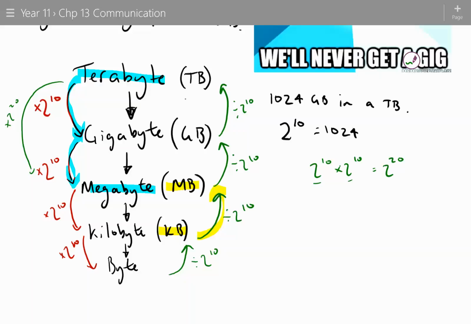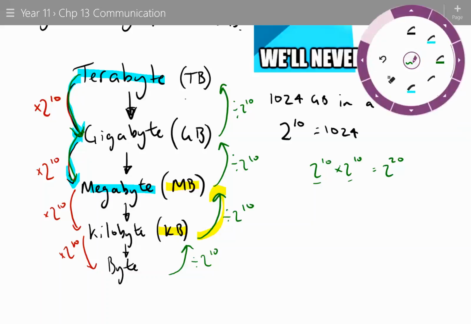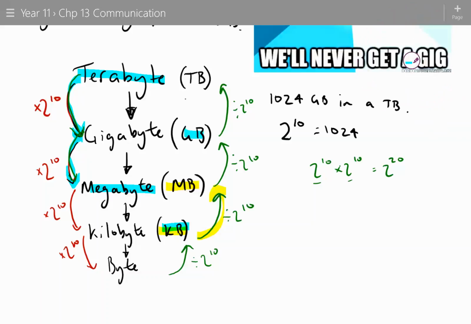So you can multiply by 2 to the 20, but I just like to keep it as simple and easy as possible. If I can just remember 2 to the 10, I just need to think about how many times do I have to go down? Once and twice, so it's 2 to the 10 times 2 to the 10. Same as if you had to go from kilobytes, let's say kilobytes to gigabytes, you'd go divide by 2 to the 10, divide by 2 to the 10.